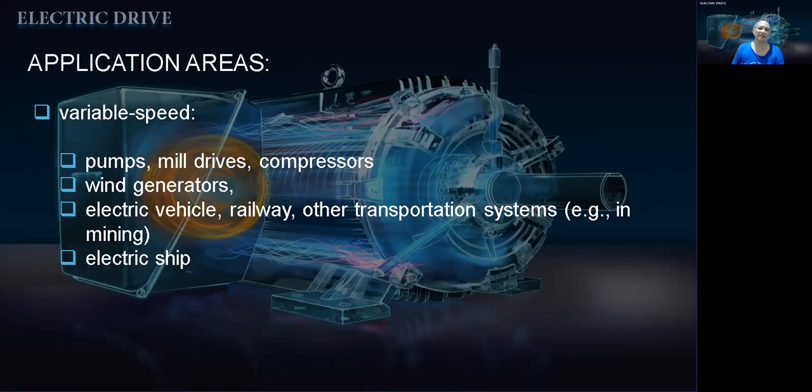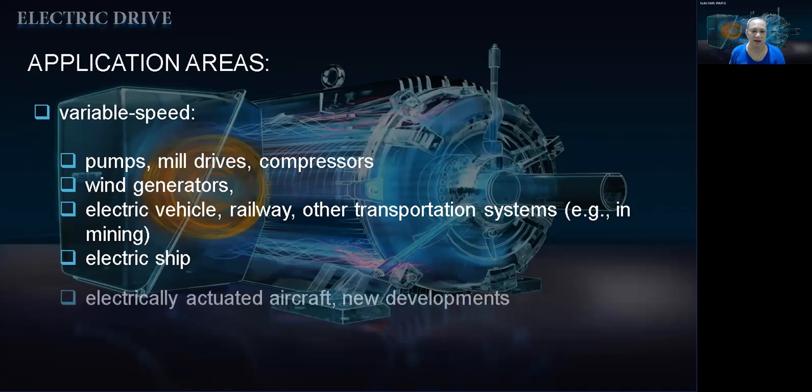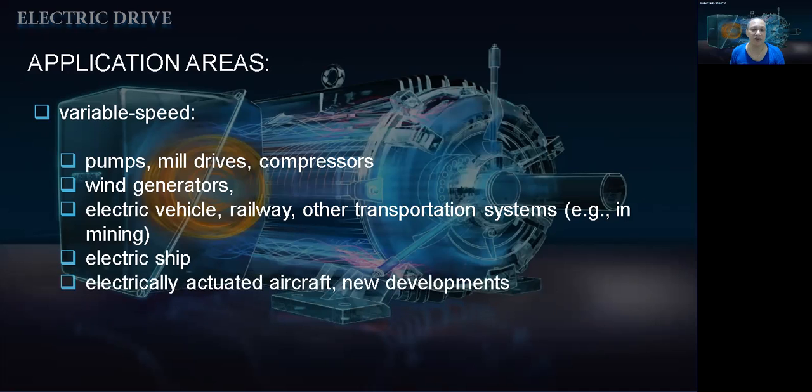Electric ships, ships that run with electricity. Electrically actuated aircraft, a new development these days. So everything now is pushing that way. Even countries like Indonesia are now trying to focus on electric vehicles.